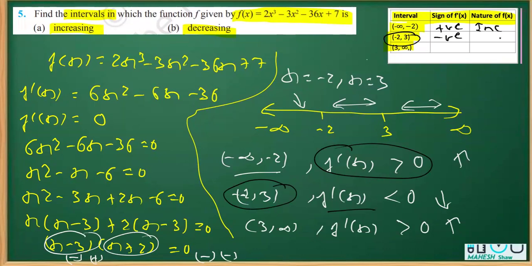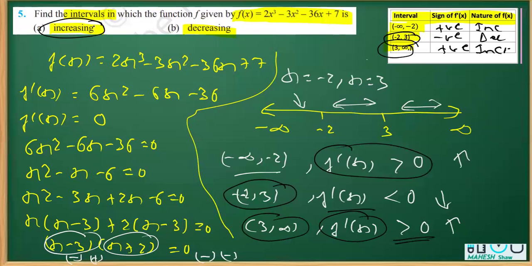That is, it is negative and the function is decreasing. Further, in the interval 3 to infinity, the sign of f dash x is greater than 0, so this is positive and therefore the function is increasing. And that's how we find the interval.